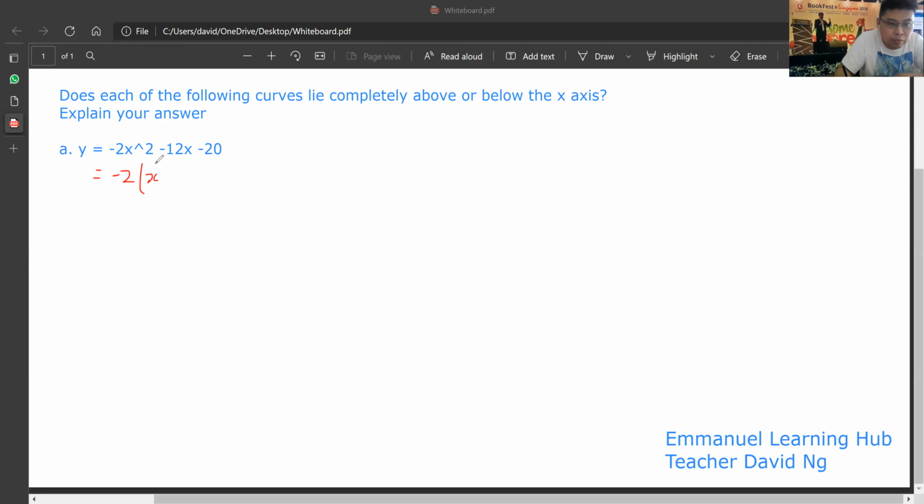You take out minus 2, then you complete the square.